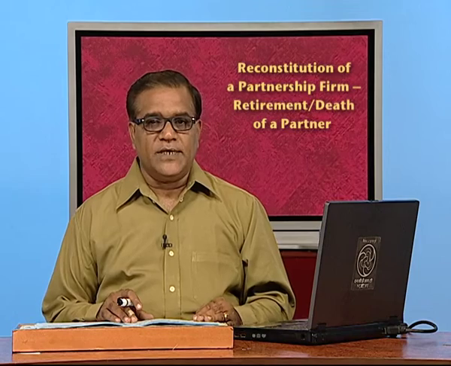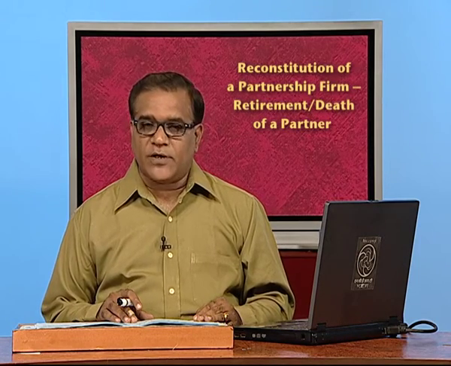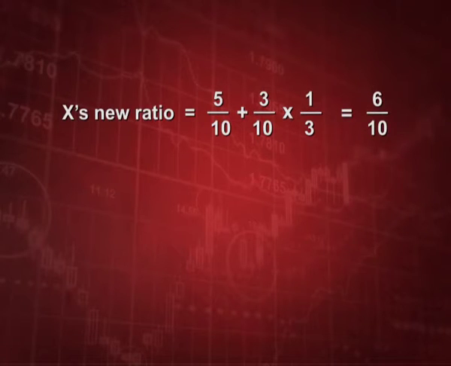So, let us calculate now what will be the gain for X and Z. Now, X's new ratio will be his old ratio plus the gaining, that is 5/10 plus 1/3 of 3/10, that is the gain, which makes it 6/10.